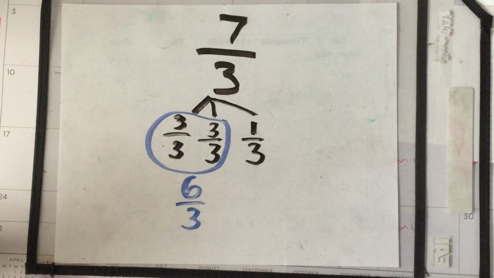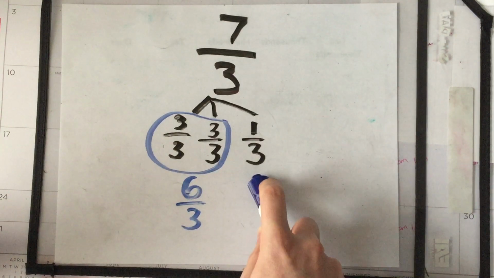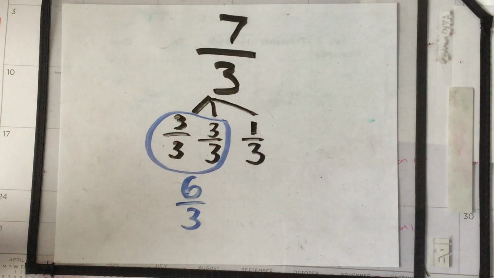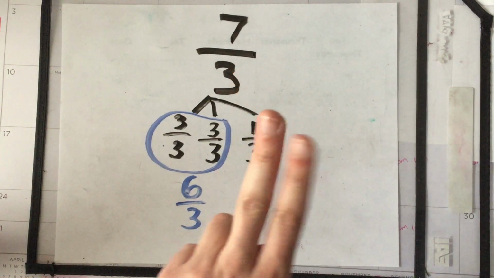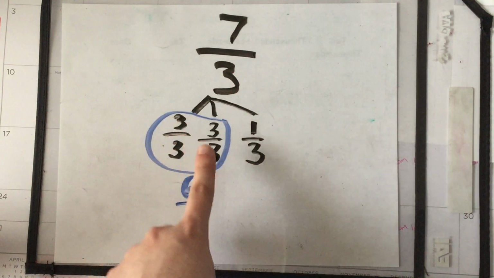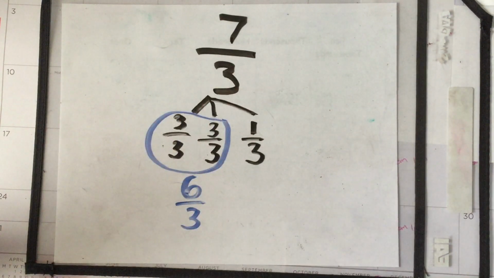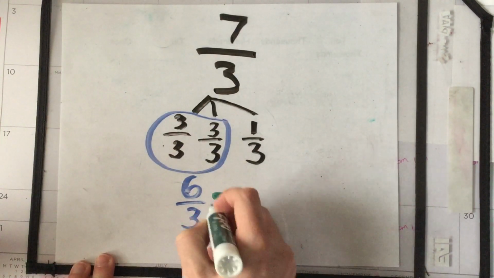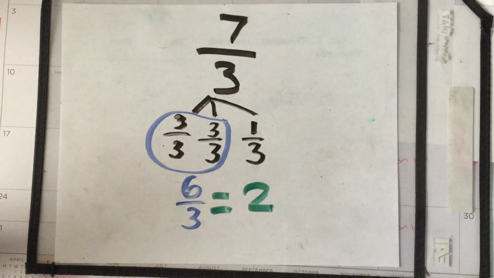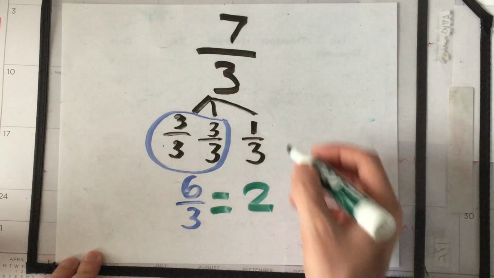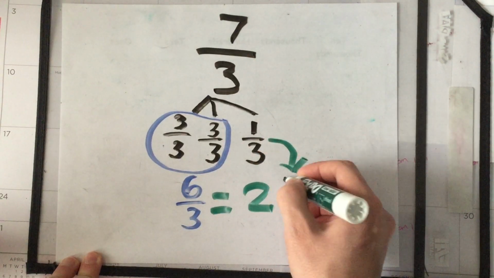So now I have 6/3 and 1/3 taken from 7/3. Now, we know that 6/3 is 2 complete things. 3/3 was 1, another 3/3 is 2. So this right here is actually the whole number 2. And then we still had this 1/3 here. So we need to carry that along with us.